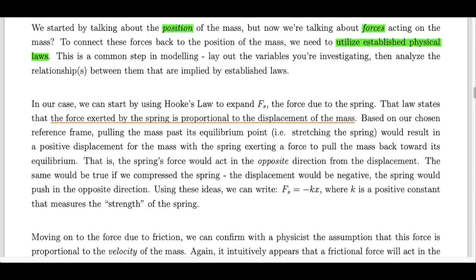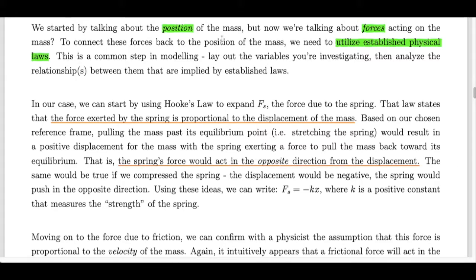So let's think about our previous choice of what's considered positive and negative when dealing with our x values. Specifically, if I imagine stretching the mass out past its equilibrium, I intuitively conclude that the spring will be pulling the mass back toward the equilibrium. So the important takeaway here is that the spring's force would act in the opposite direction of the displacement.